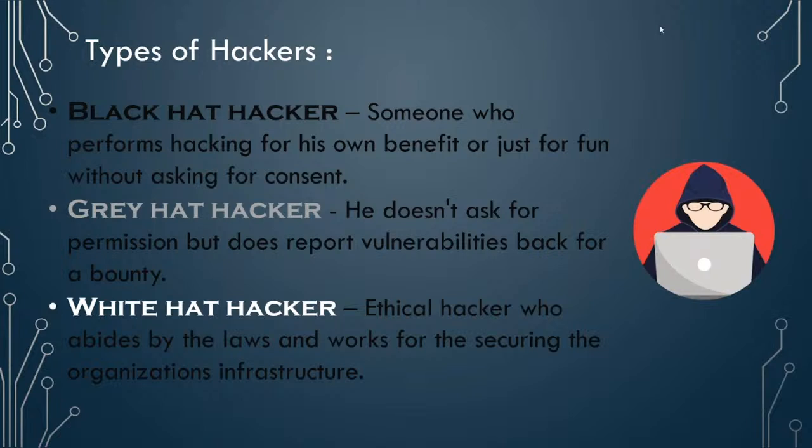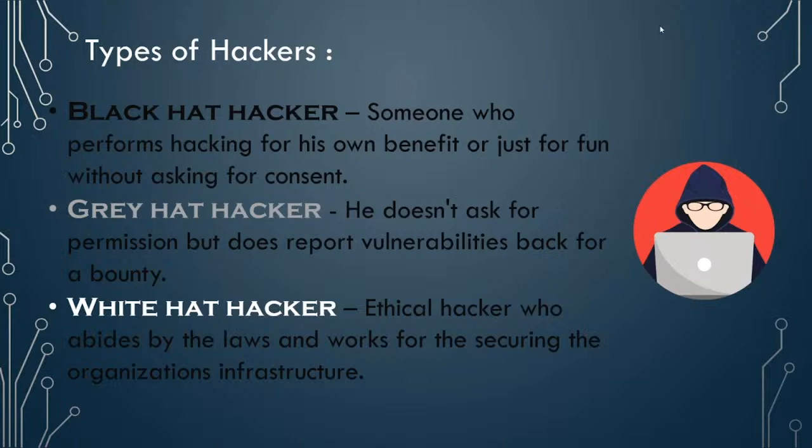On the other end of the spectrum, we have the white hat hackers, who are also termed ethical hackers or penetration testers. These people perform ethical hacking, or in simple terms, penetration testing, to find all the vulnerabilities in the organization. They do this by asking for consent and by following all the laws and policies set by the organization. So they do not cross any line, they do not exploit any vulnerabilities, they only work to increase the security of the organization.